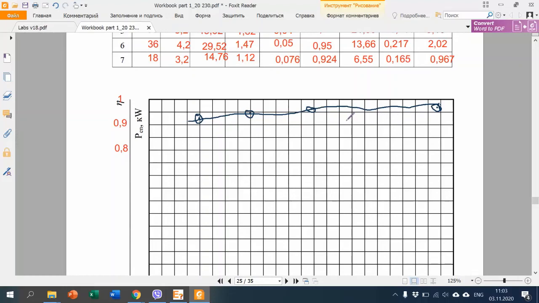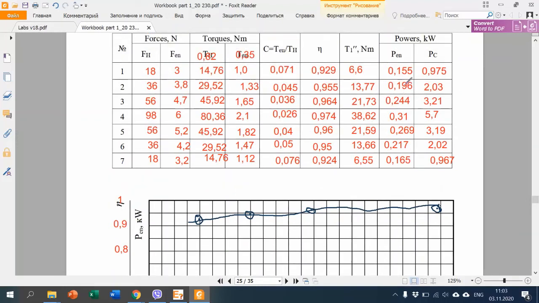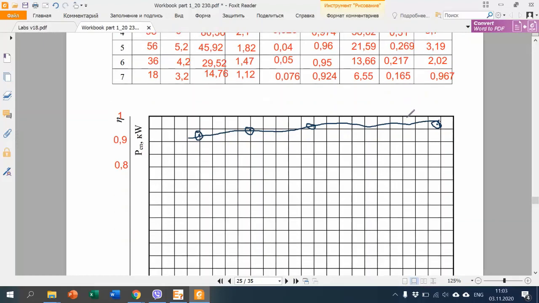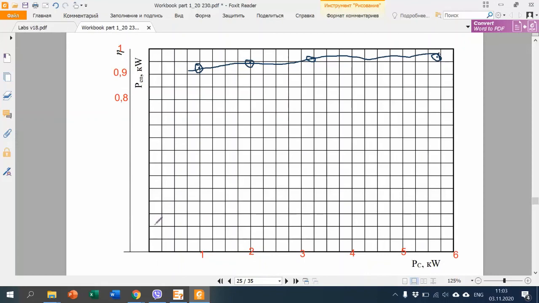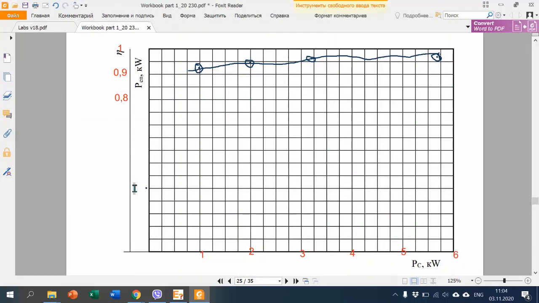You, of course, draw it better. It's efficiency, and engine power P engine, also 0.155, 0.165 is the lowest value, and the maximum 0.3.